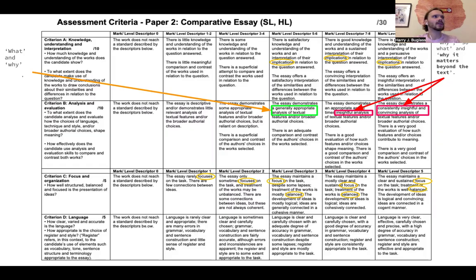If you're writing this piece as if it were a tweet or a Facebook post, then you're going to score very low. But if you are aware of your audience, an IB examiner, then you will be fine. It's more to do with formality and the choice of sentences and vocabulary for a comparative essay.